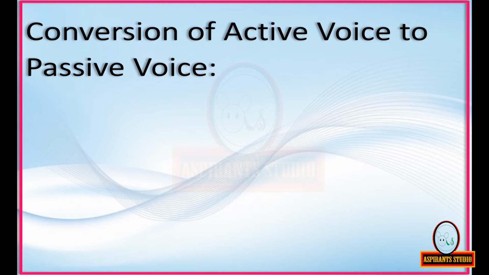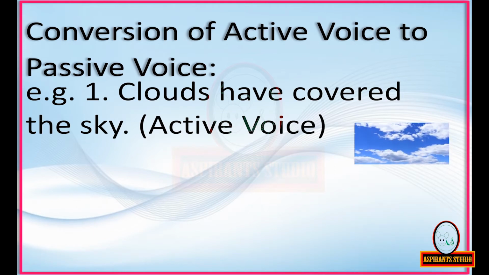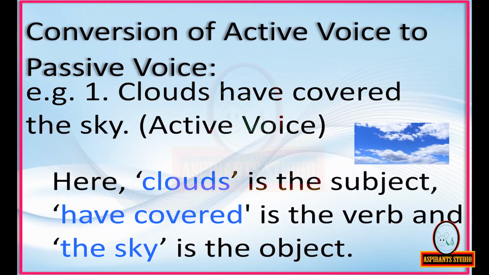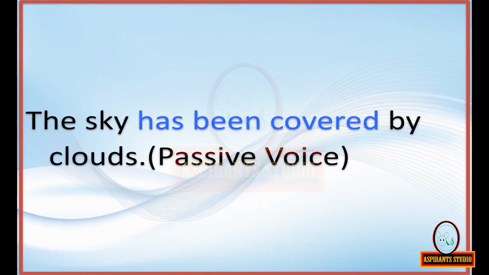Conversion of active voice to passive voice. Example 1. Clouds have covered the sky. Active voice. Here, clouds is the subject, have covered is the verb, and the sky is the object. The sky has been covered by clouds. Passive voice.